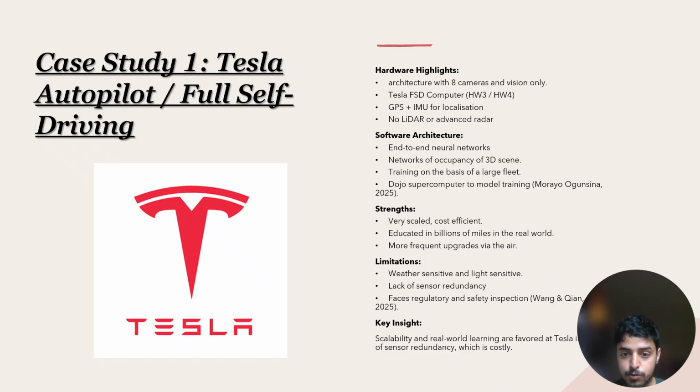Their software stack include Occupancy Network and end-to-end learning model trained on billions of miles of real-world driving data. Tesla also leverage its Dojo supercomputer to accelerate AI training. Its strength include scalability and rapid over-the-air updates, but limitations remain such as vulnerabilities to poor visibility and concern about the safety, performance, and regulatory approvals.